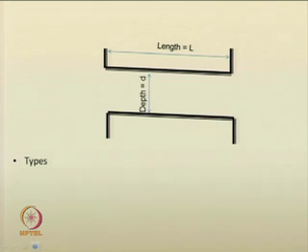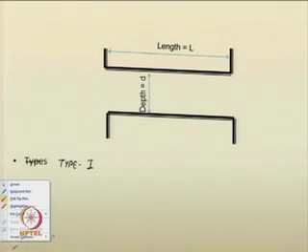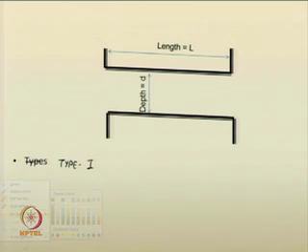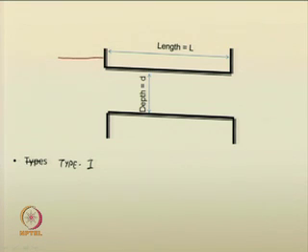So, type 1 flow, how it is encountered. Let this be the water depth here and let this be the water depth here.